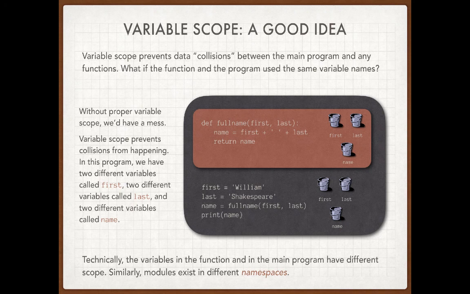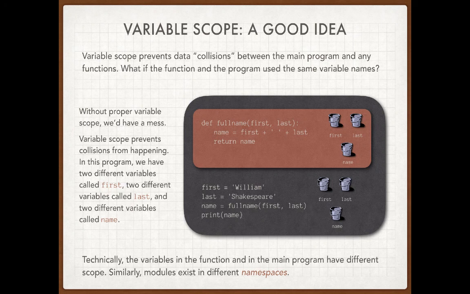But because they live in different scopes, Python doesn't get them confused. In fact, there are no collisions, because I am not overwriting the global variables when Python falls into the function. So there are 6 variables in this script. It just so happens that 3 and 3 are in different scopes, so they do not collide and they don't overwrite each other.